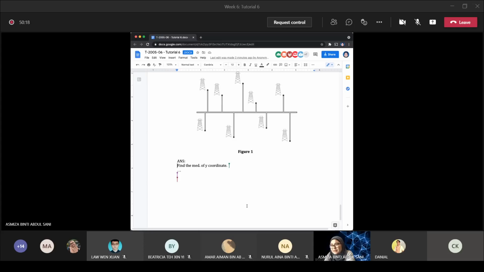So in this case, we need to have a value for this, and therefore we can actually solve this problem by finding the median based on the y coordinates for all of the wells.